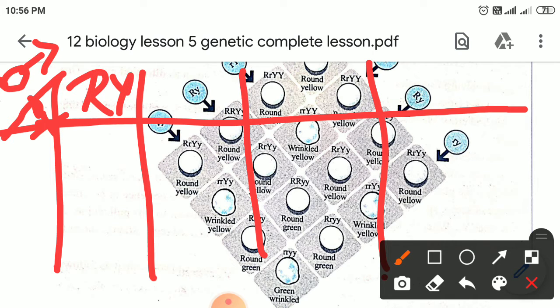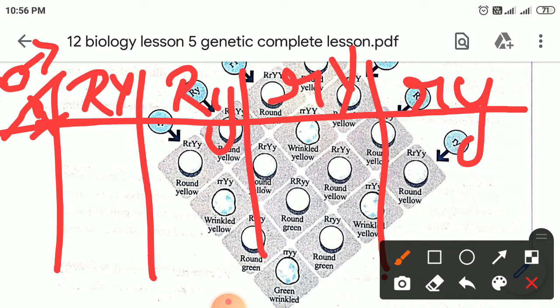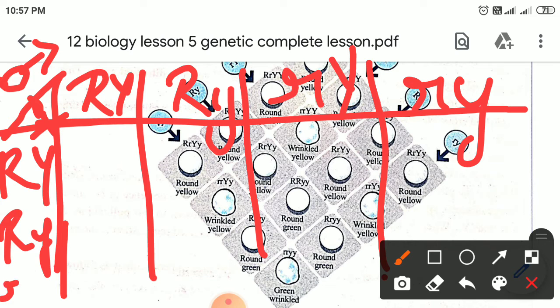Capital R, capital Y, capital R, small y. Okay. Then small r, capital Y, small r, small y. The same thing we will write in that same order. Capital R, small y, small r, capital Y, and small r, small y.